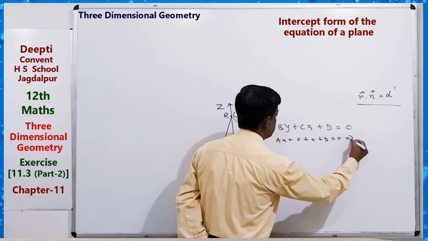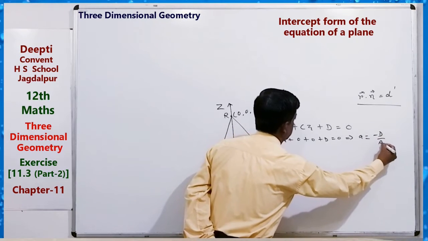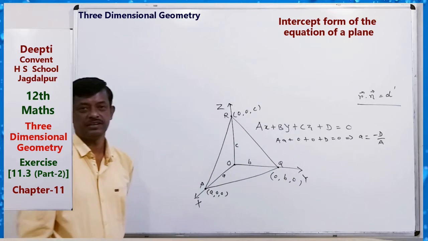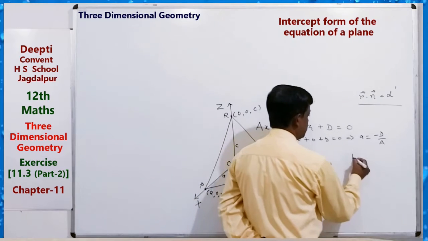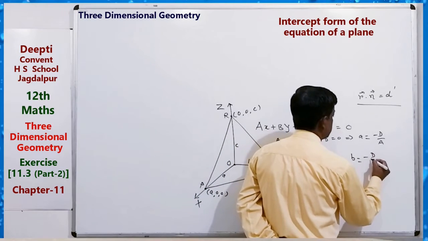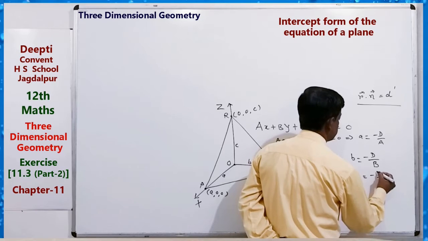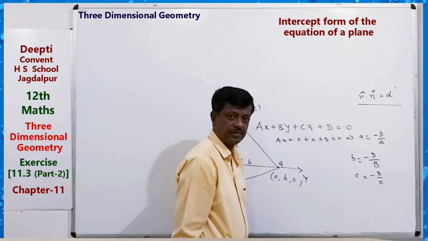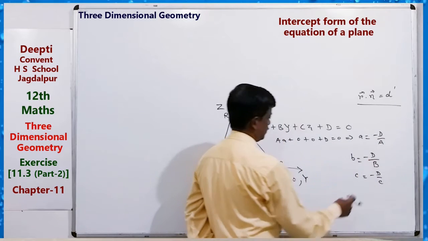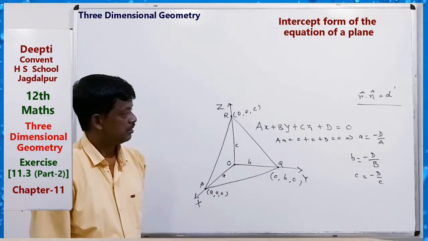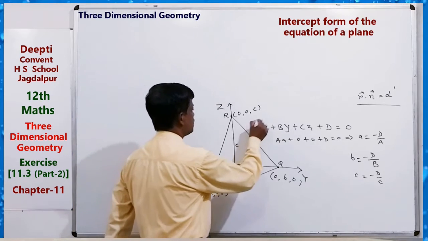From here we can find small a equals minus d by capital A. Similarly, by satisfying the other points, we can find b equals minus d by capital B, and c equals minus d by capital C. Now, putting these values.